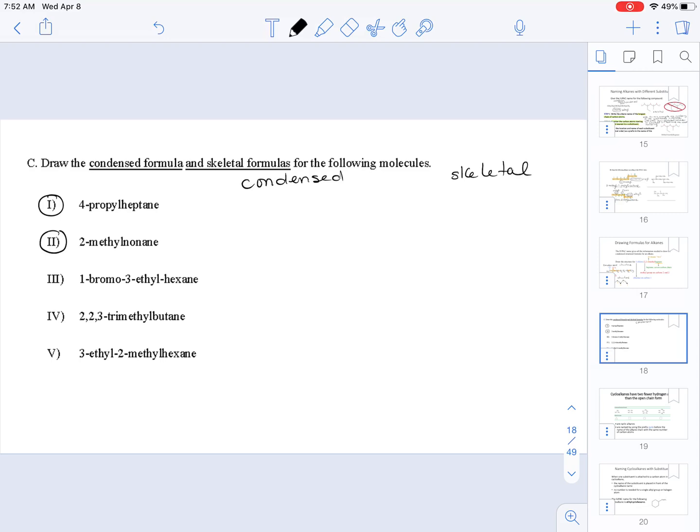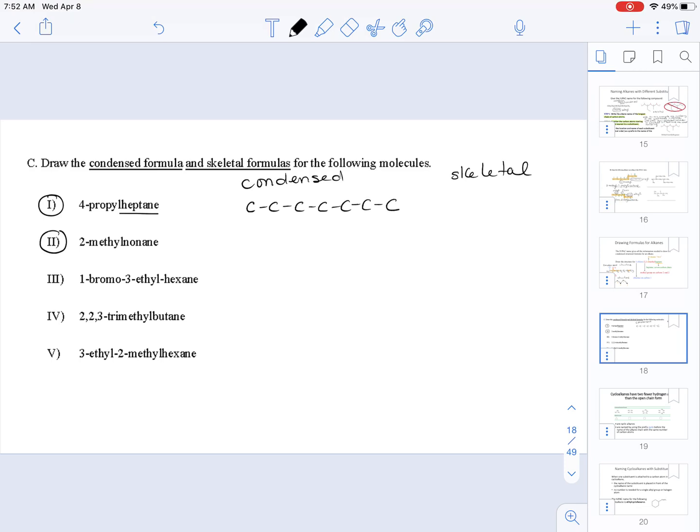And make sure that you practice the remaining problems. So if I dissect the name, as you can see, I start with heptane, my longest carbon chain. 1, 2, 3, 4, 5, 6, 7.